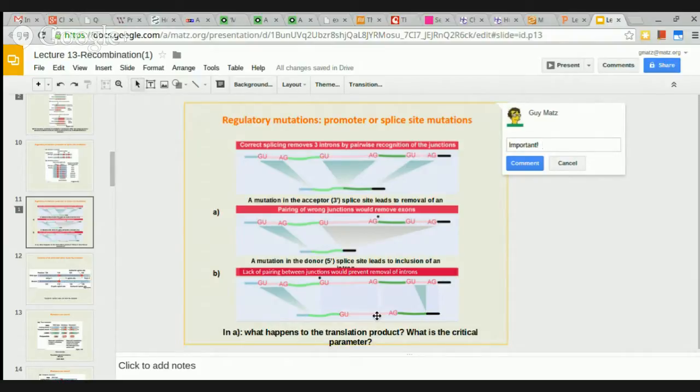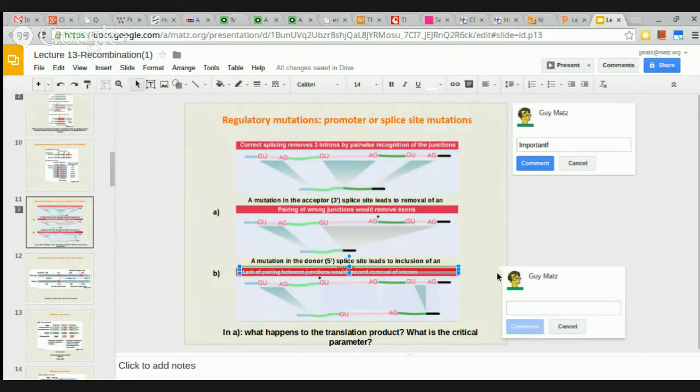More interesting, I think, is the second case. What happens if we're missing an intron and we're creating an aberrant exon-exon junction? Well, we have all the elements to understand what happens here. And so what happens to the translation product, and what is the critical parameter?